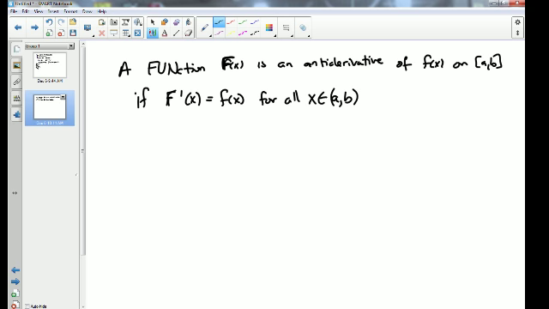That's the formal definition. Barring my writing, that capital F just gets me every time. Why is it capital? Because we have to have two different functions.